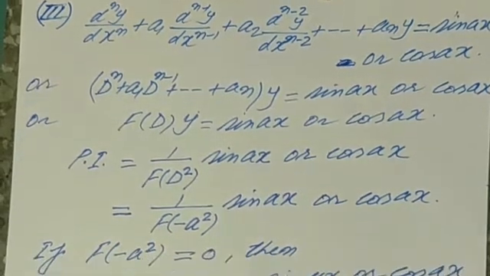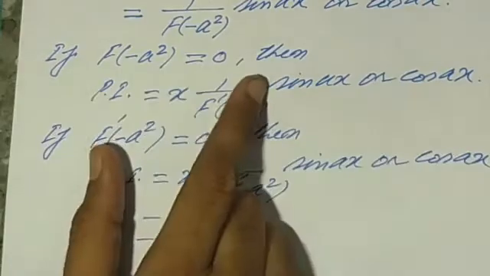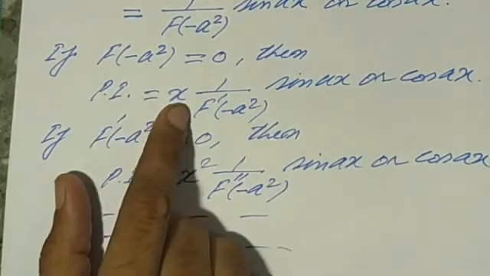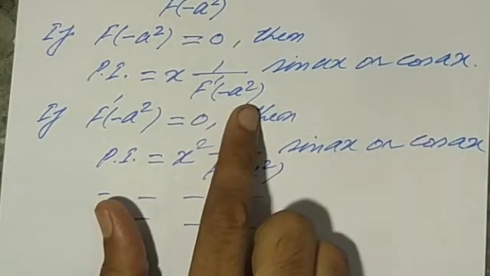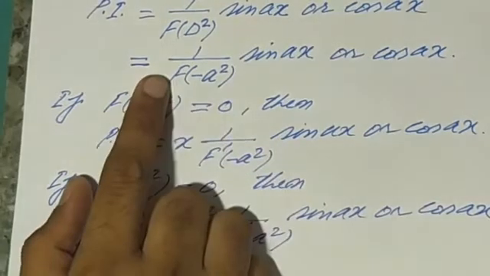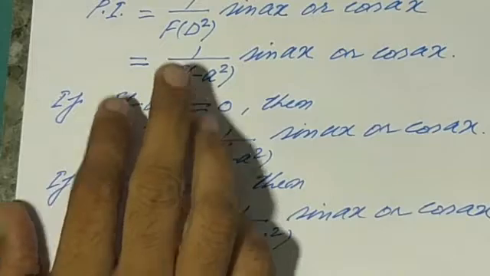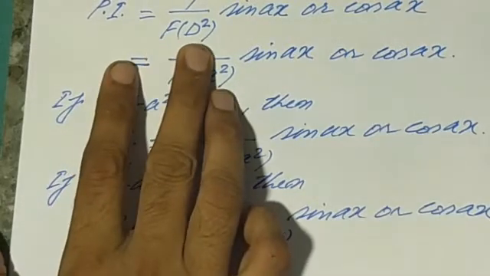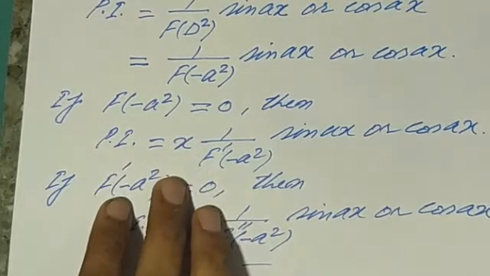And if f(minus a square) is equal to 0, then PI will be equal to x times 1 upon f dash(minus a square) sin ax or cos ax. That means taking x outside, we have to take the differential of f(D square), making f dash(D square), and then we replace D square by minus a square.